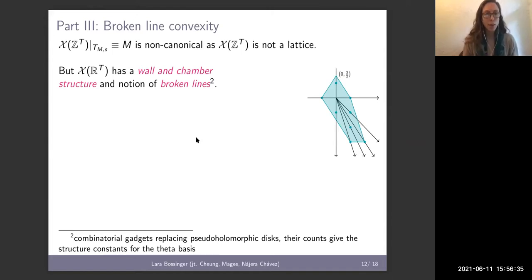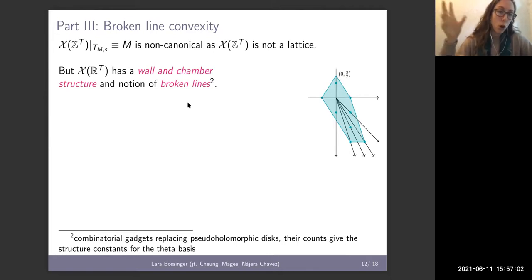So it allows us, or it allowed Gross, Hacking, Keel and Kontsevich to define a notion of broken lines inside these spaces. So whenever I think of this space now as being identified with a real vector space and the lattice M inside of it, this wall and chamber structure, or the broken lines inside it, will be piecewise linear functions that are linear inside all of the chambers.